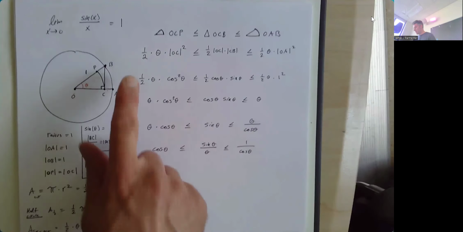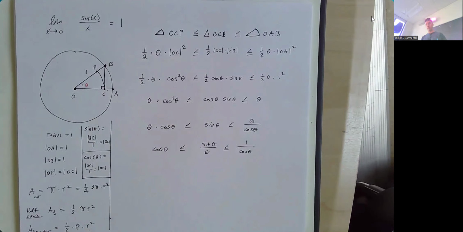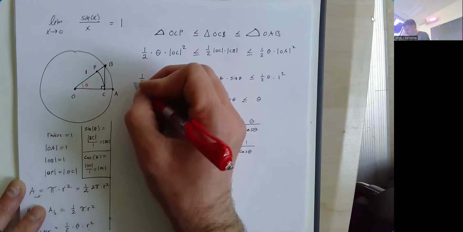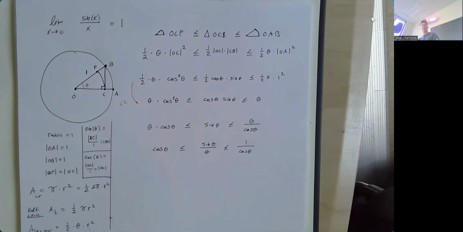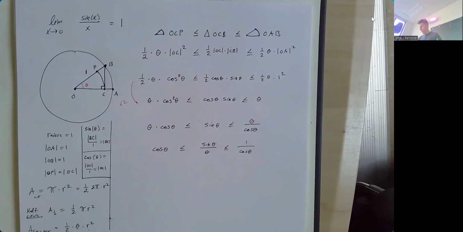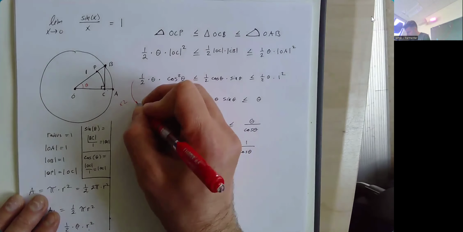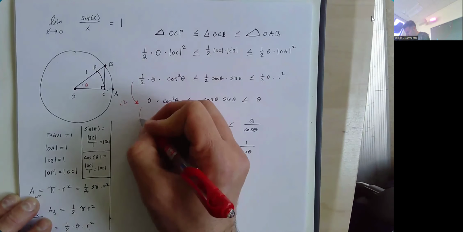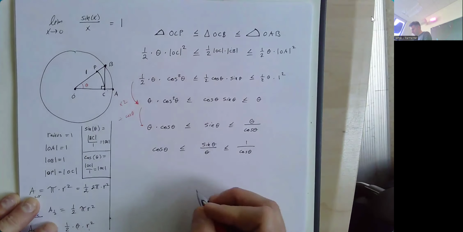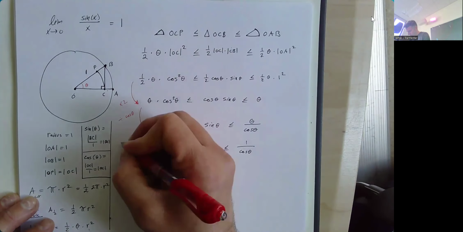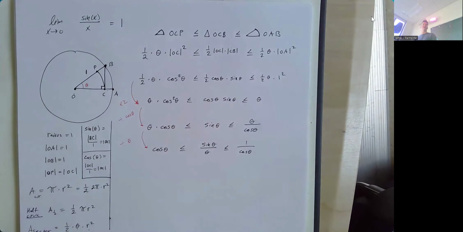So from this step to this step, in fact, that's a good question. From here to here, I multiplied everything by 2, which is totally valid. And in the next step, I divided everything by cosine of theta. And in the next step, I divided everything by theta. I suppose I could have done that all at once, but I wanted to show all my steps.